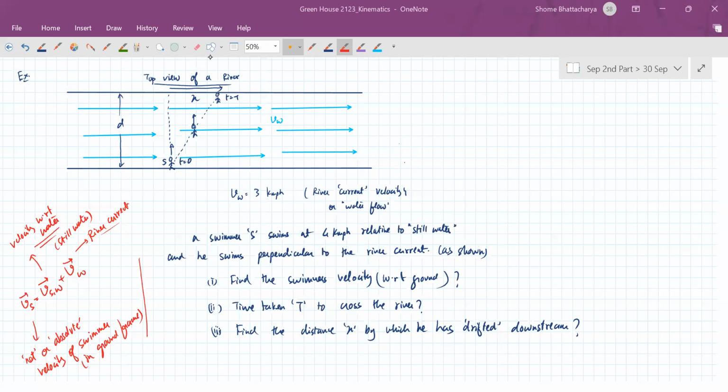Yes, very good, Soham, that's correct. What is the distance? Oh yeah, the width of the river has to be given also. So the width of the river, let us say, is half a kilometer. So it's 500 meters. Yes, Siddharth, good, your answer is correct also. Take the width of the river given as 500 meters. Yes, Akshat, correct.